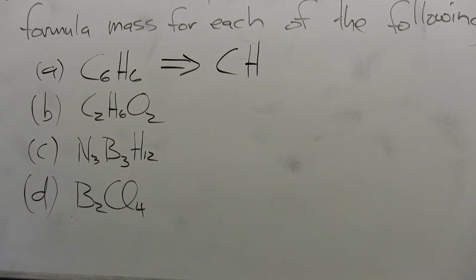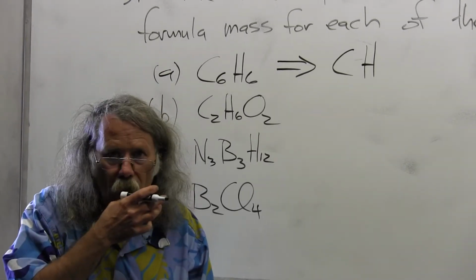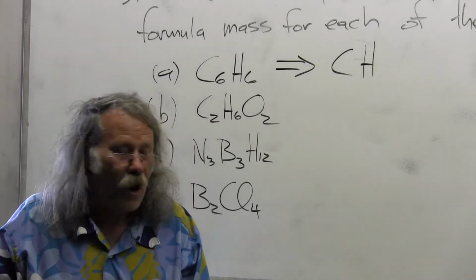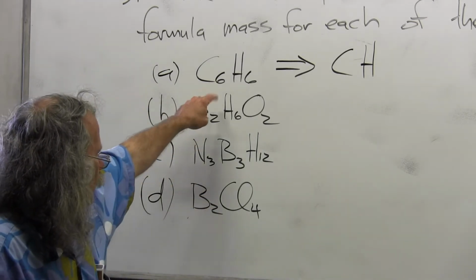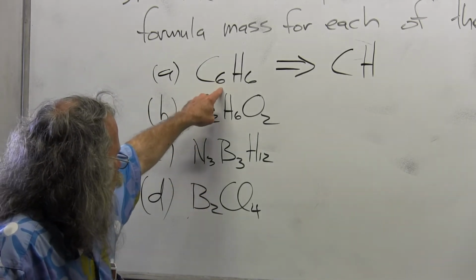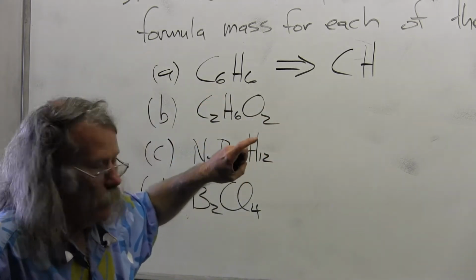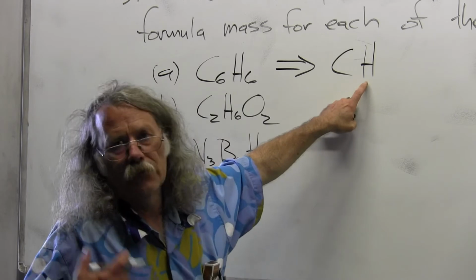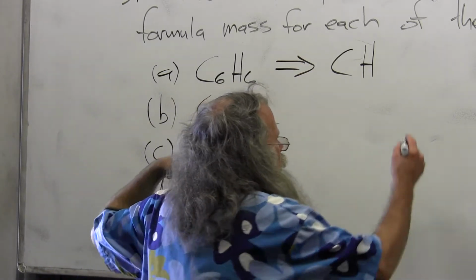And the empirical formula mass you can calculate using the values in the periodic table that was provided. And these are actually rounded values. And so we'll use the value of 12.01 for carbon and 1 for hydrogen, roughly.